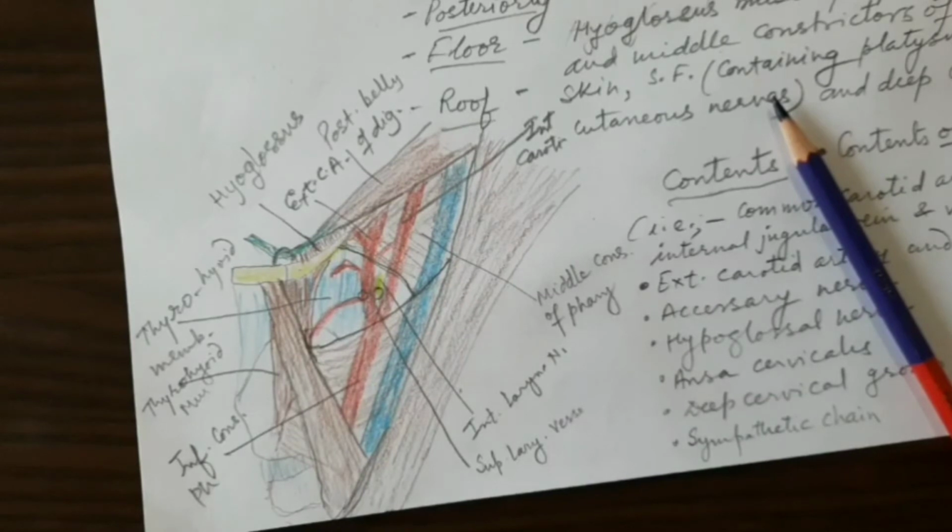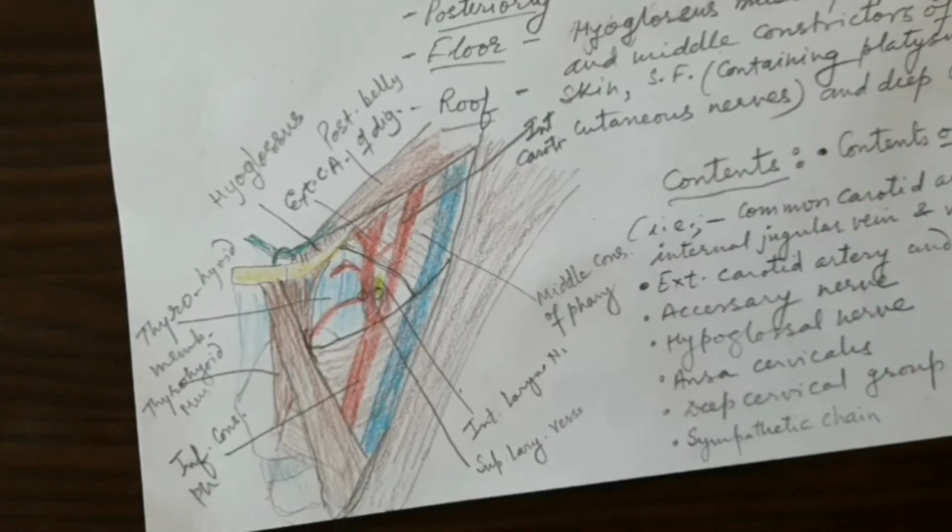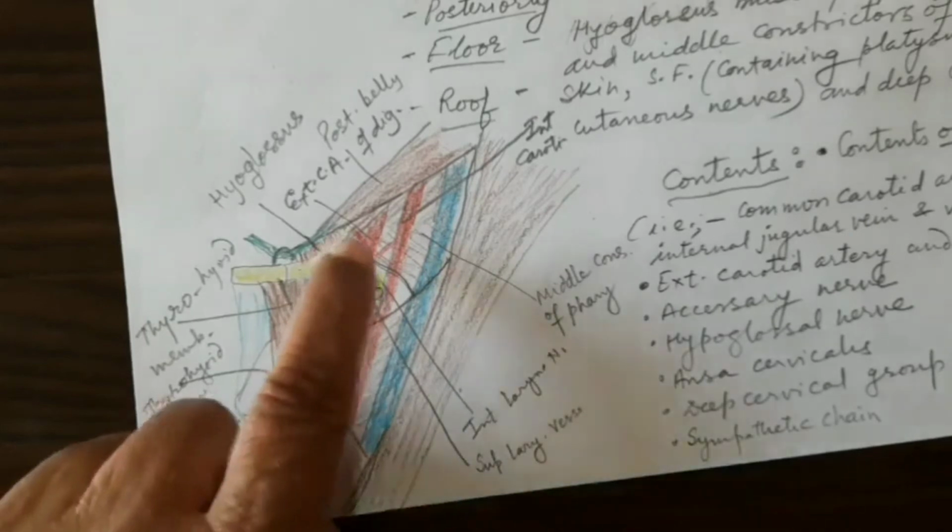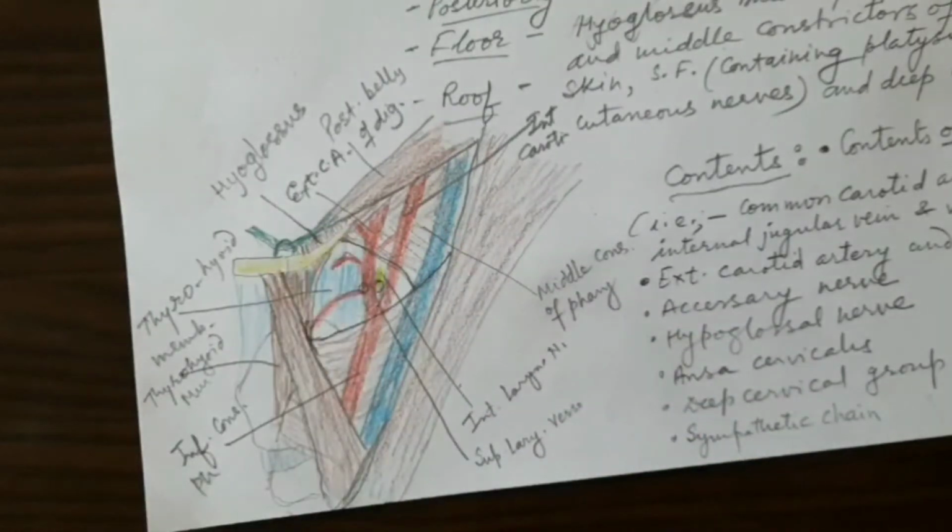Occipital, then the lingual, and above the lingual is the facial, disappearing deep to this posterior belly of the omohyoid, and then you have seen the superior thyroid and the ascending pharyngeal artery, which is not seen because it lies behind, but it goes right up to the base of the skull.